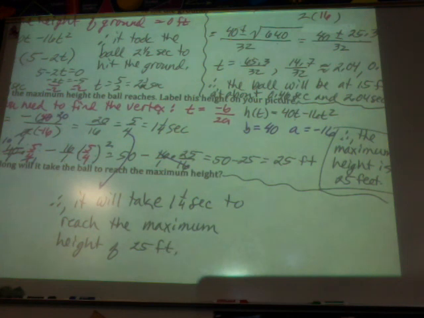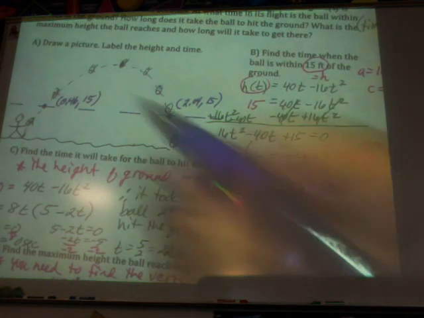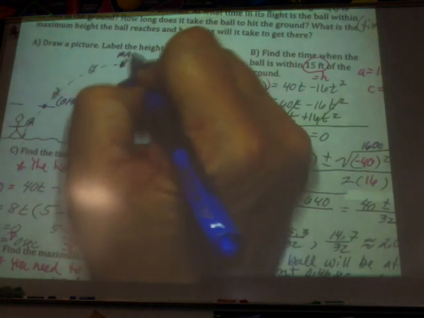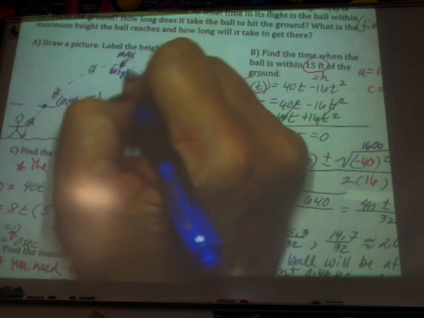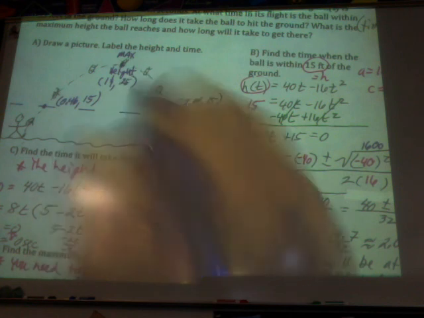And last but not least, we still have to label that on our picture. So we're going to come up here and label this on our picture that this is my maximum height of 1 1/4, that's our time, and 25 feet.